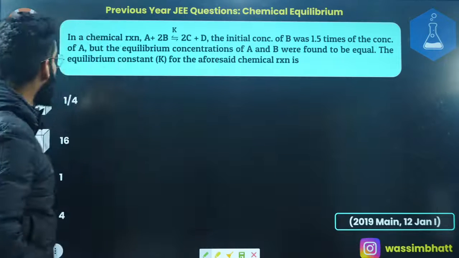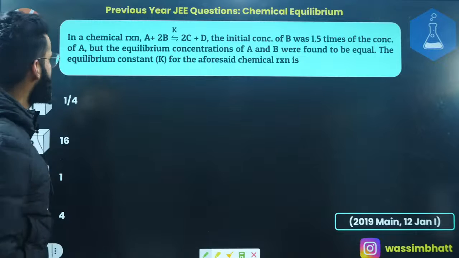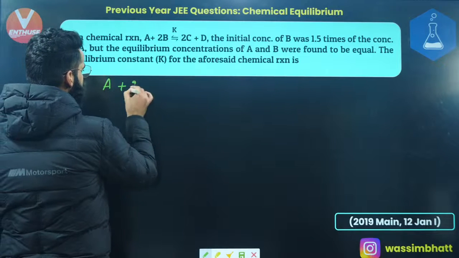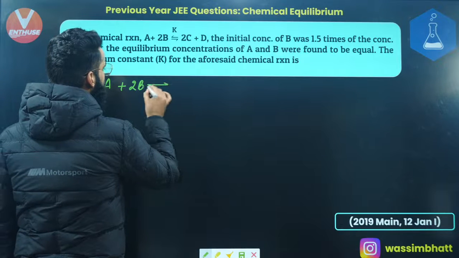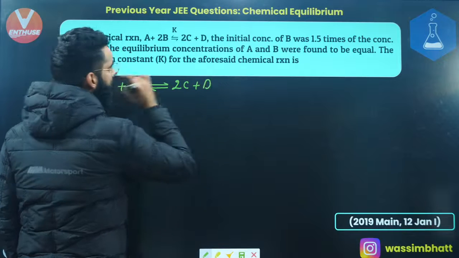See guys, in the chemical reaction A plus 2B in equilibrium with 2C plus D, I'm given a reaction in which A plus 2 times B is in equilibrium with 2 times C plus D, right?